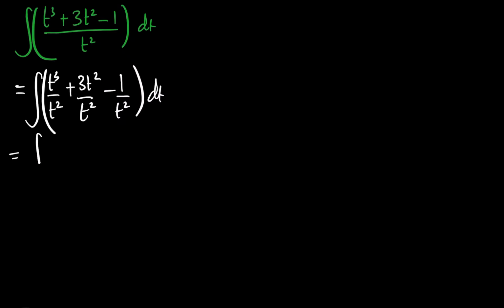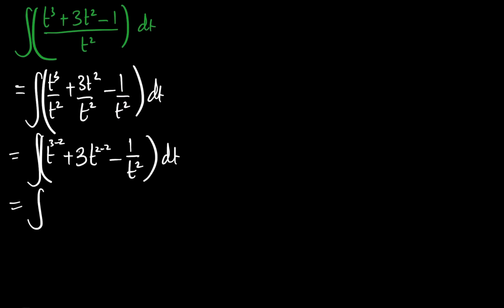And then you're going to have the integral of t to the power 3 minus 2, plus 3t to the power 2 minus 2, minus 1 over t squared, like this, all dt.